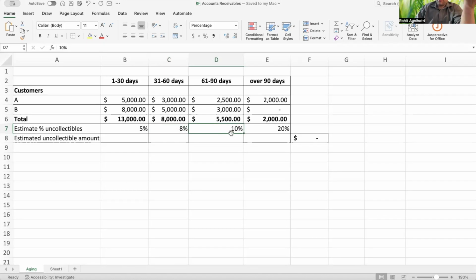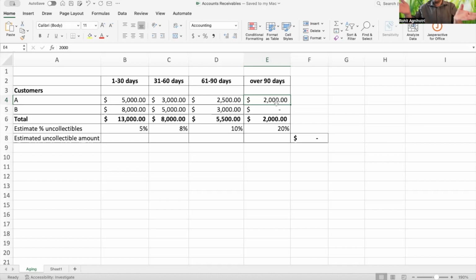And anything more than that is very, very high risk, obviously. 20% of $2,000 might not get paid because you know that either you don't have documentation or something is really, really wrong. So you are ready to give some kind of a big discount to your customer, saying, well, I don't have the proper documentation, but you have been our customer, we will give you a discount. Let's just clear this account balance, and we will give you a discount.